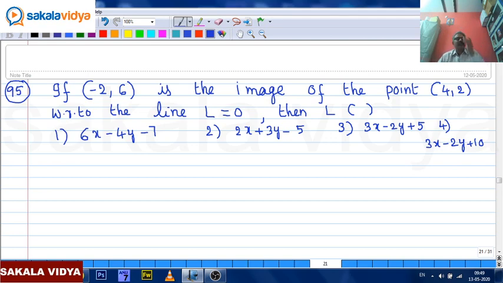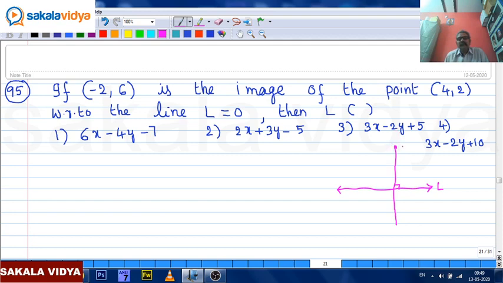Right. If minus 2 comma 6 is the image of the point 4 comma 2 with respect to the line L is equal to 0, then L we need to find out. So, what does L stand for? Here, this is line L. This is a perpendicular.